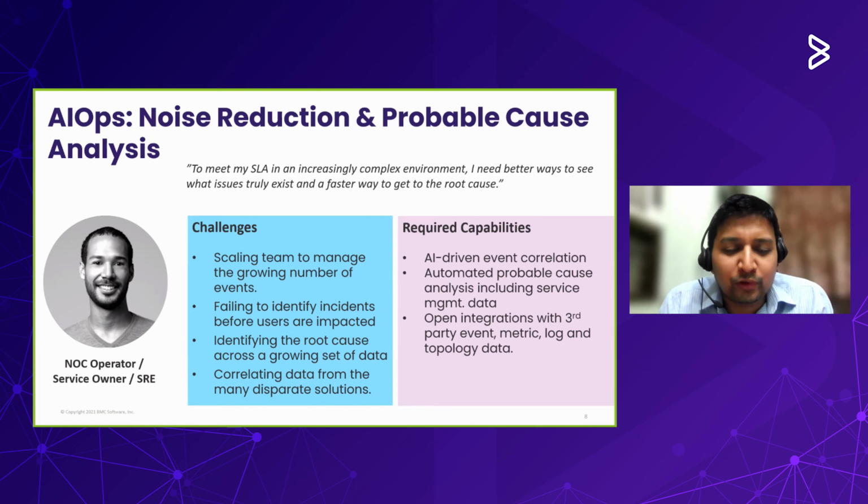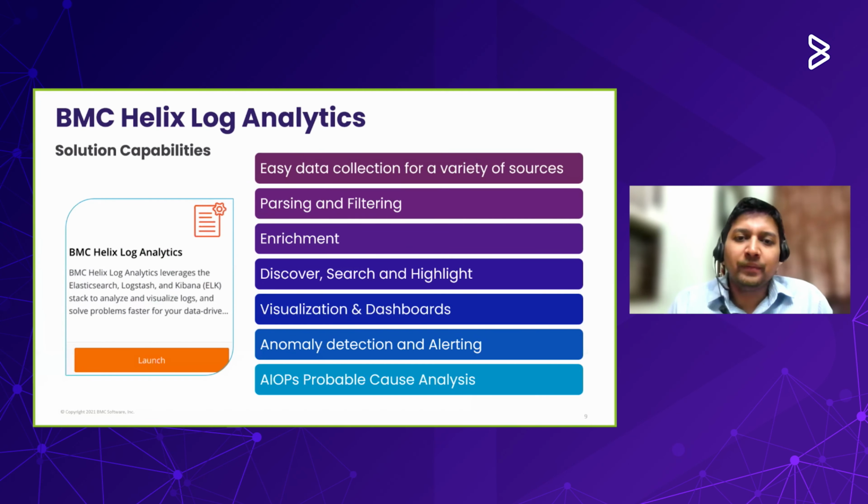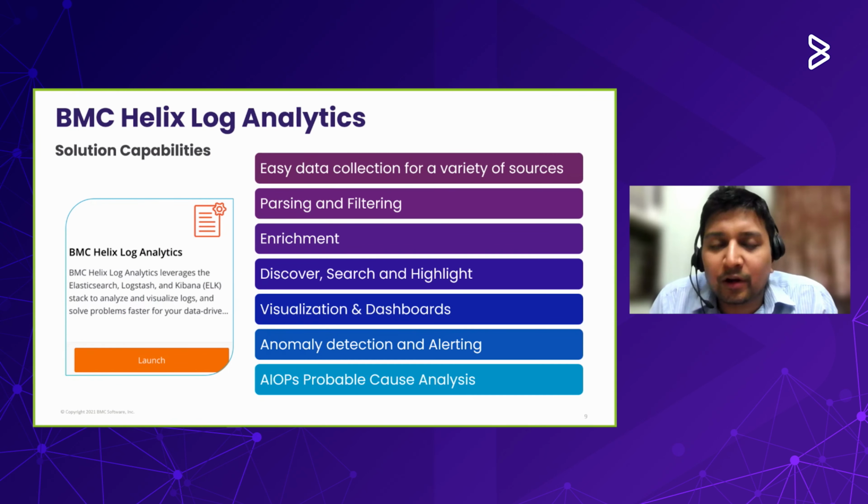You can also correlate data from disparate data sources by bringing it onto a common unified data lake, which supports open APIs for data integration for both internal as well as third-party event, metric, log, and topology data. Okay, moving on. Logs, as you understand, are a key pillar of the underlying data which feeds the observability and AIOps solution.